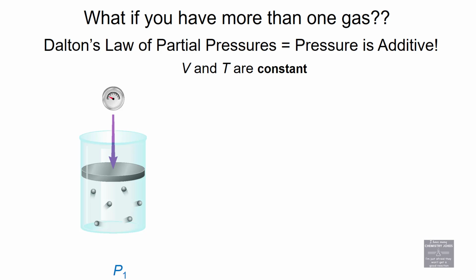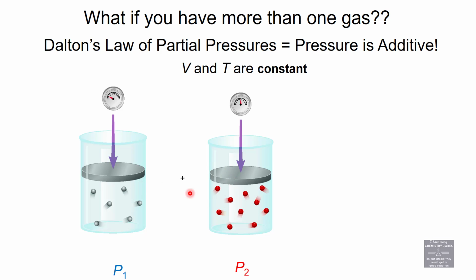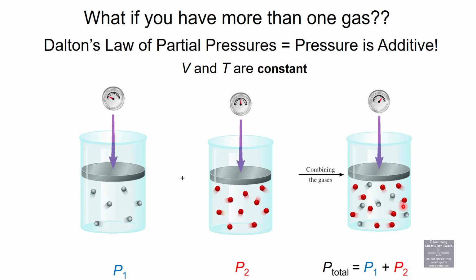So if I have a chamber that has some gas in it, exerting a given pressure, and I have another chamber that's the exact same size, if it's in a chamber on its own, it exerts a given pressure. If I combine those two gases in the same chamber, I'm going to get something called P total, which is the sum of the pressures of each of those gases if they had been alone.